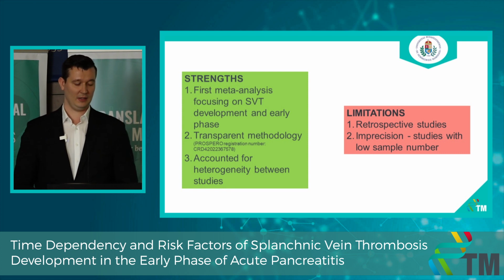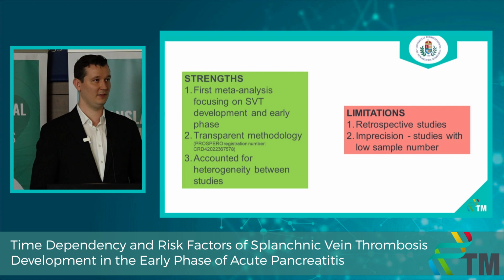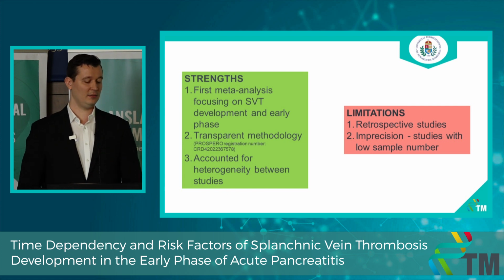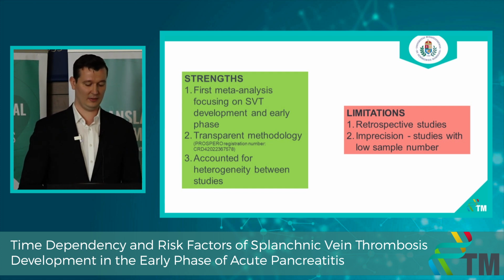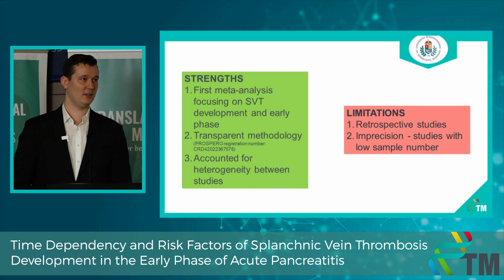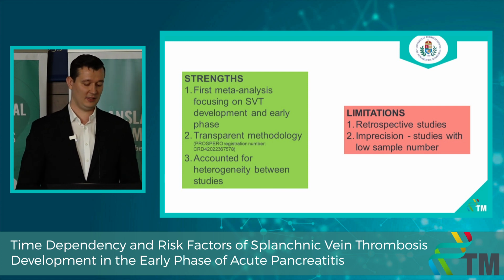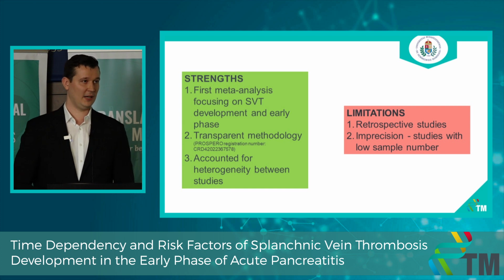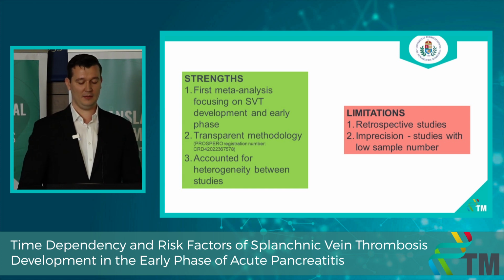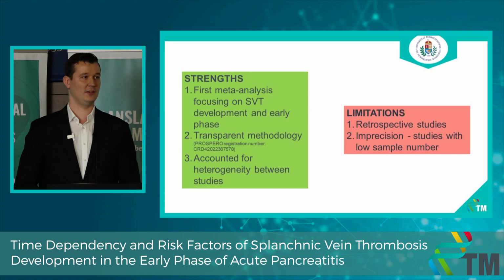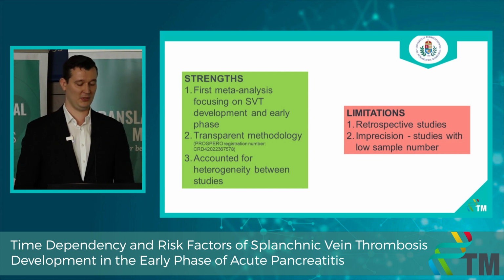And for the high heterogeneity that we have encountered, we have done multiple subgroup analyses, and that's to counter this heterogeneity. The limitations are that approximately 50% of the included studies were retrospective by design, and most studies had low patient numbers, leading to some imprecision.